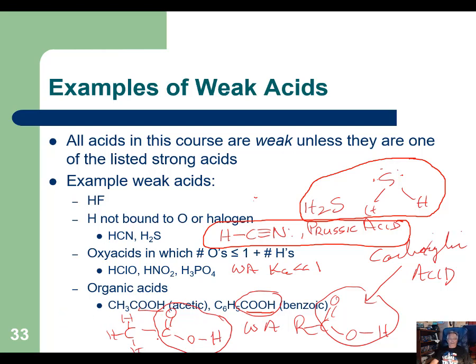There is a carboxylic acid group on all amino acids. And so at any rate, this is how you recognize it. This is acetic acid, the active ingredient in vinegar. But this is the Lewis structure for it. You usually just see the formula. So recognize COOH as a carboxylic acid.